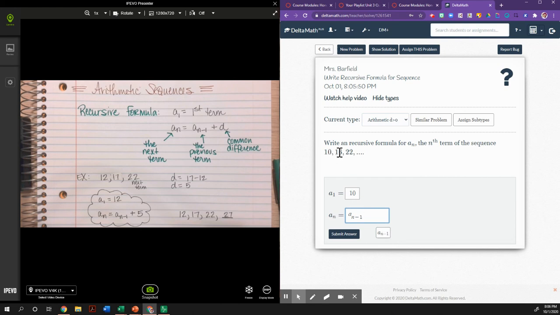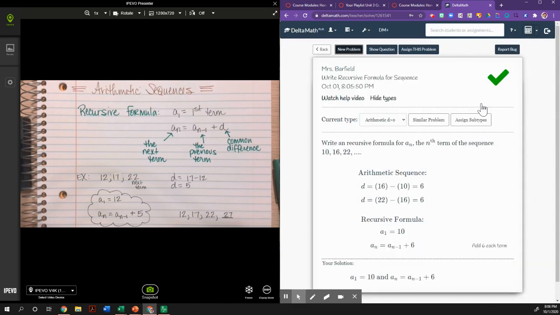I need to know what d equals. What's the common difference? How do I get from 10 to 16? Just take your calculator. What is 16 minus 10? Plus 6, because if you add 6, that's how you continue the pattern. Submit my answer. Yes, there you go.